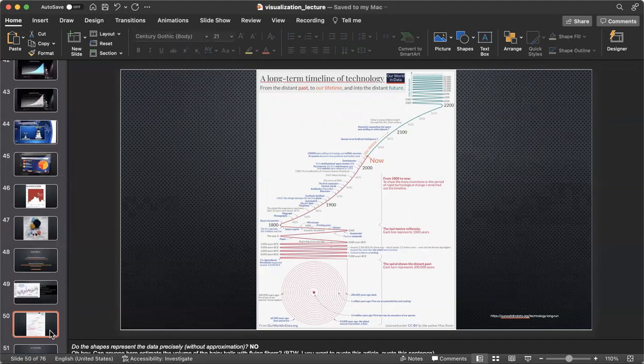Then it's unrolling a few of these timelines, plotting the invention of the wheel and fire through to modern AI and information technologies, and trying to make predictions for the future. I think there's an interesting way of showing so much data.